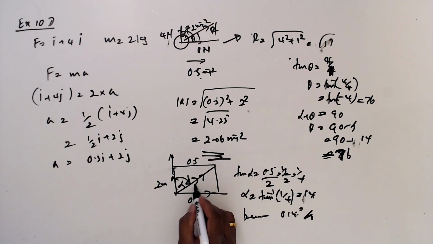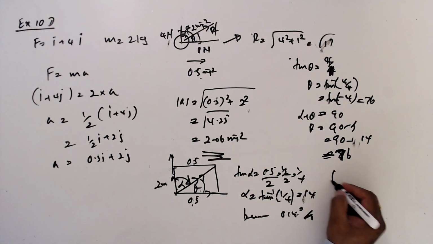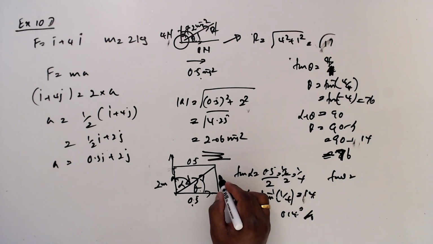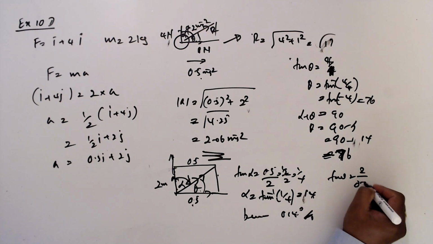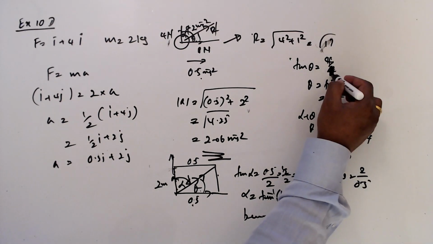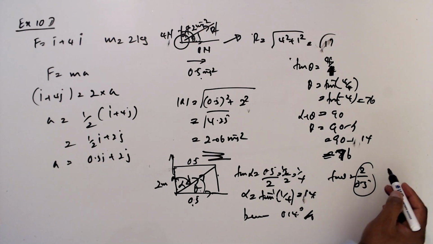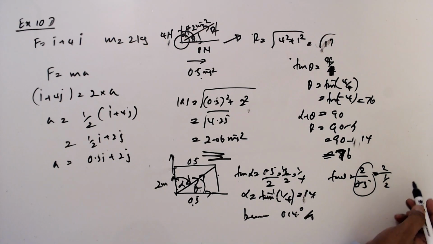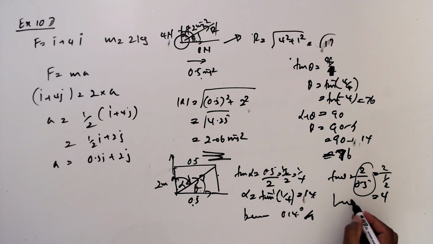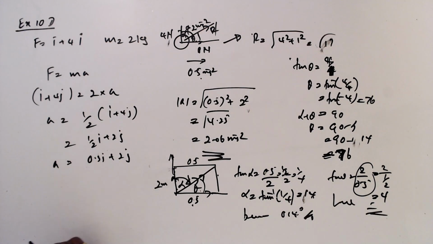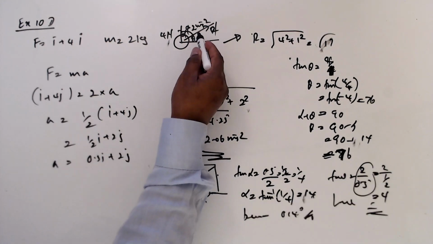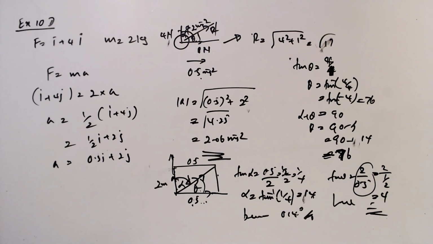Oh, this is theta. So tan theta equals 2 divided by 0.5, which is 4 divided by 1. 2 divided by half is 4. Tan theta equals 4. So the direction of the acceleration you can take is the same as the direction of force.